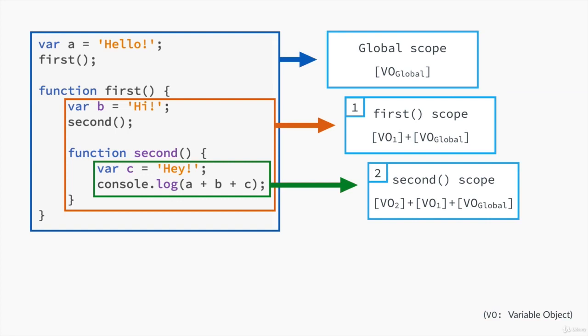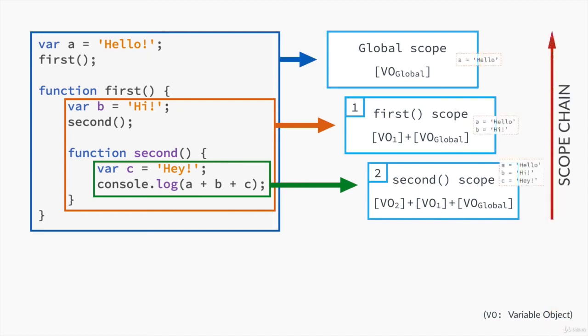It does not find it in the current scope, and also not in the parent scope, so it goes even more up, all the way to the global scope. And this is exactly called the scope chain. Only if the JavaScript engine does not find the variable anywhere, it throws an error and stops execution. Now, it's very important to note that this does not work backwards.